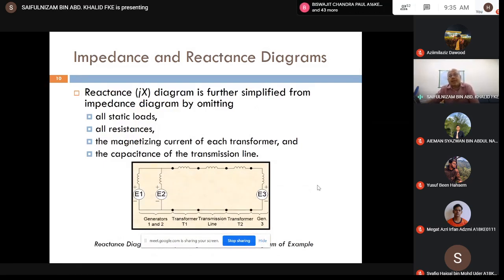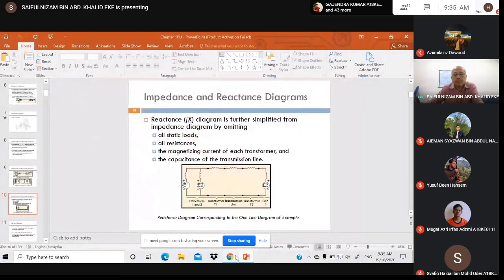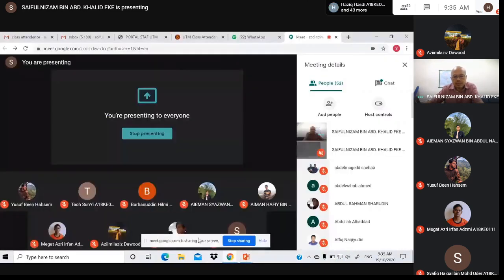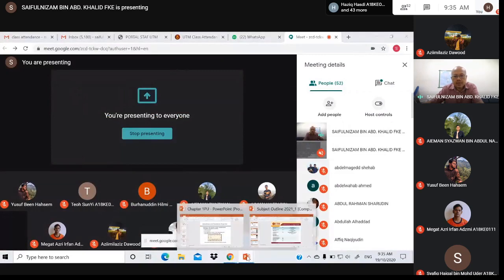The impedance diagram can be further simplified by making certain assumptions and reduced to the simplified reactance diagram. Okay.